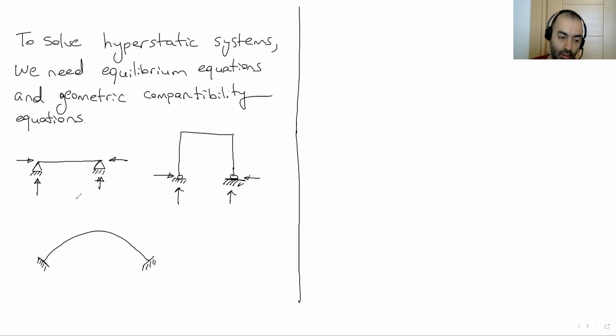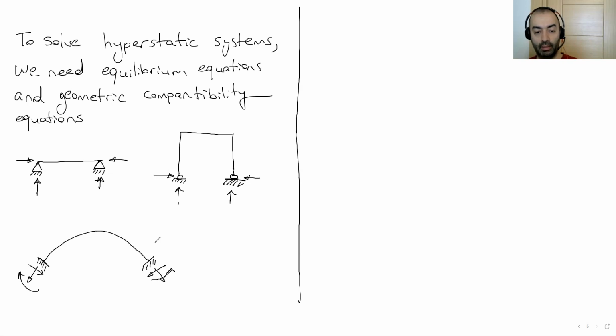Let's have a look at the arch here. At the fixed supports, this support type is fixed. We have 3 unknowns on one side and 3 on the other side, totally 6 unknowns. 6 support reactions we don't know. But how many equations do we have? 3.